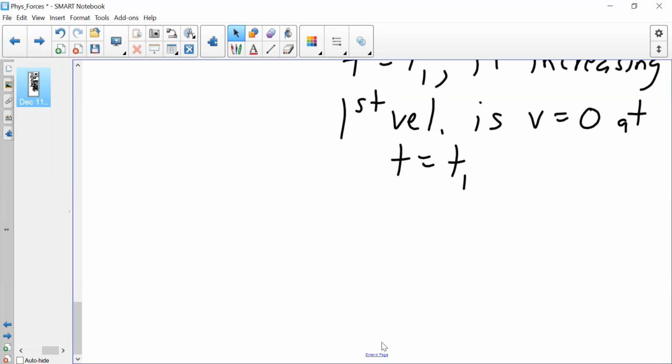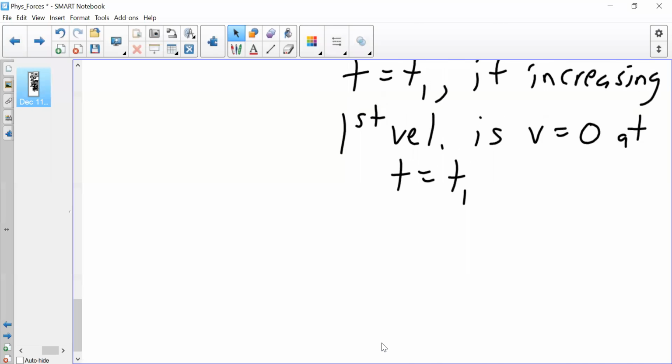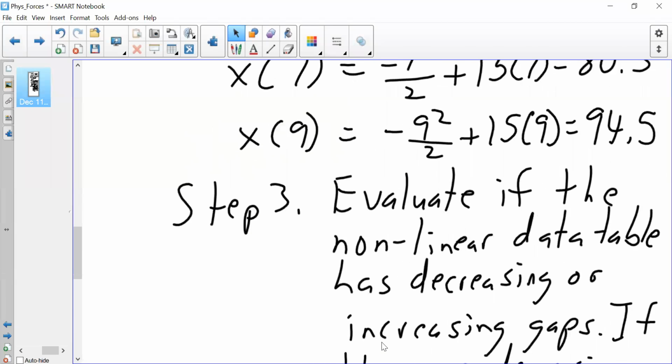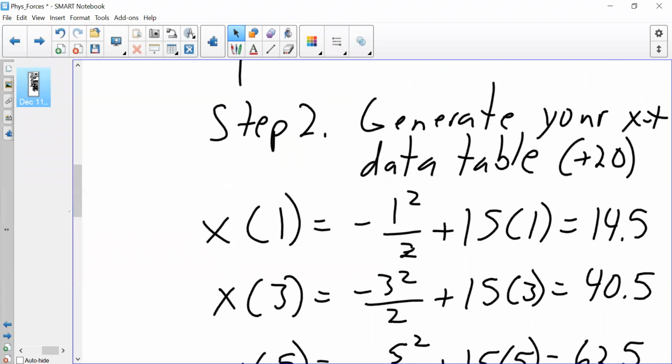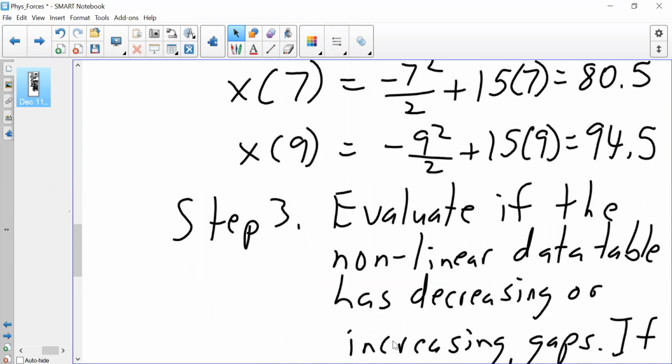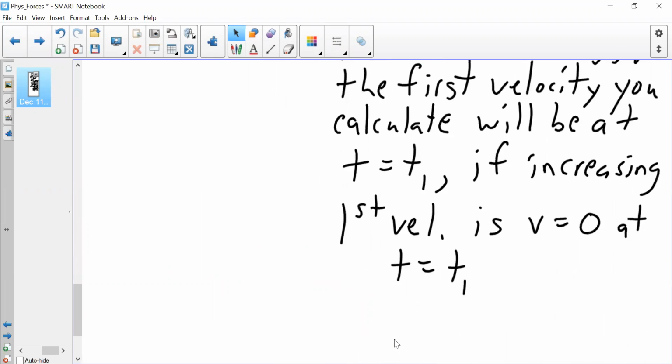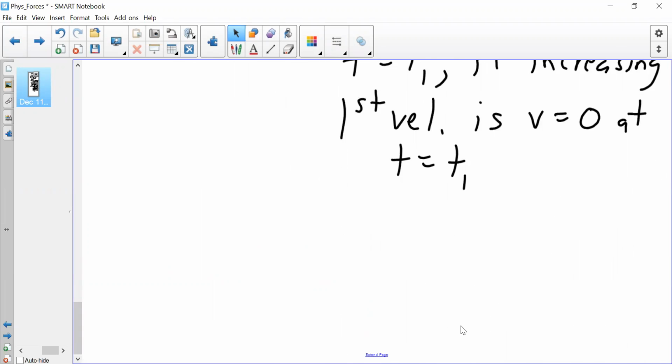So let's put all this data into an XT data table first. Okay, so we calculated the positions. Now we're just going to generate the table.